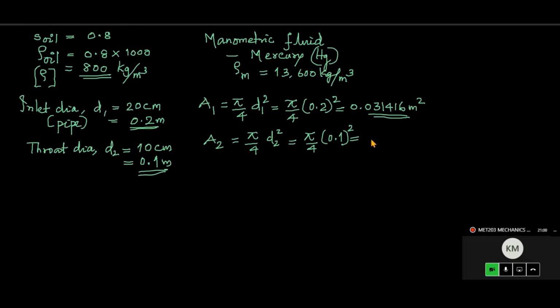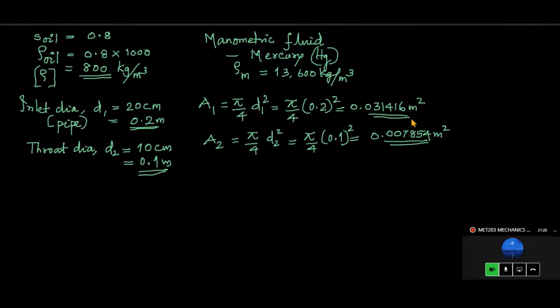You can take this answer divided by 4, or otherwise calculate it. So it will be 1/4 of the above value, in fact, 0.007854 meter square. So that is the area.